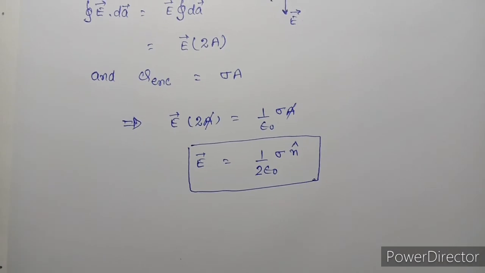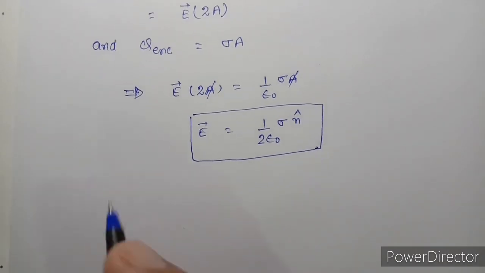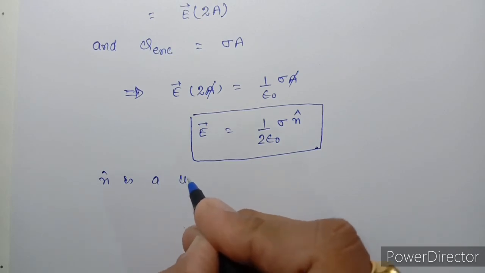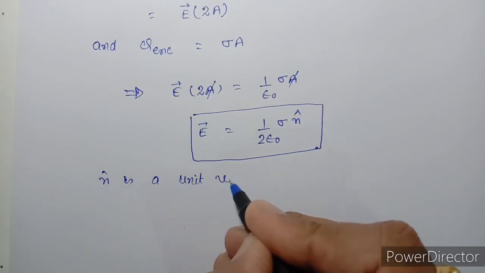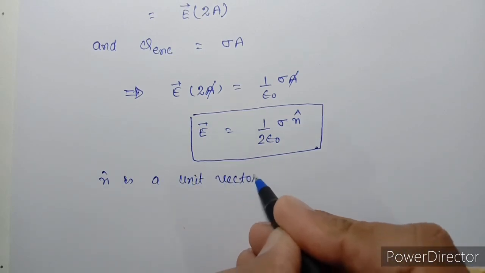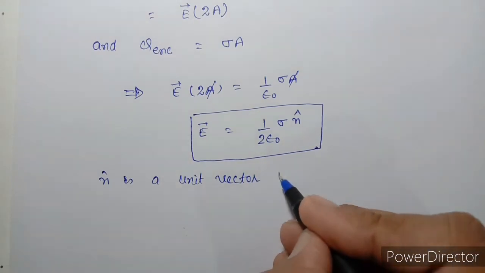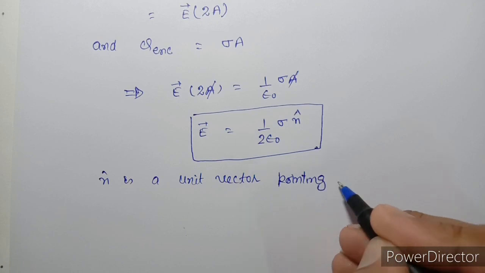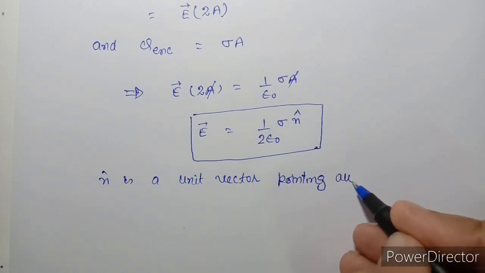Here n cap is a unit vector pointing away from the surface.